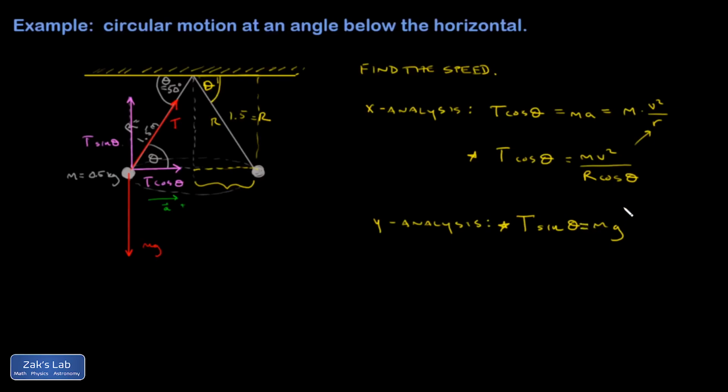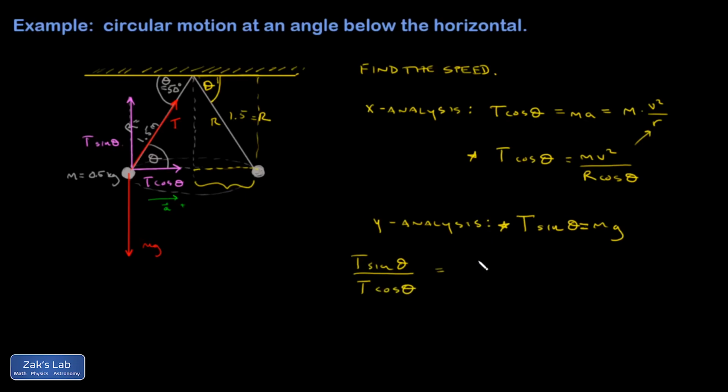All right, so now we should be able to eliminate one of the unknowns, which is T. You could go back and solve for it if it was asked for, but I'm just going to eliminate it here. I'm going to use a standard trick where I take the bottom equation and divide by the top equation. So on the left-hand side I have T sine theta over T cosine theta.